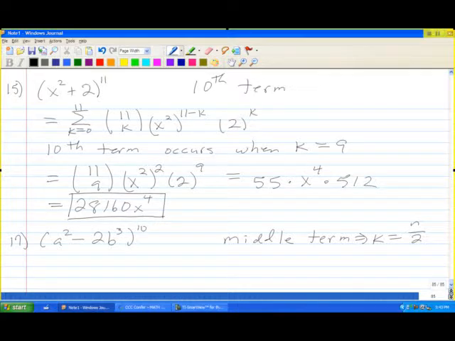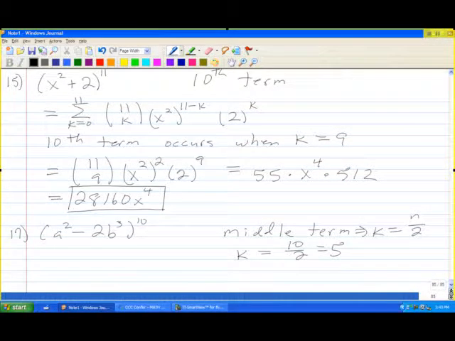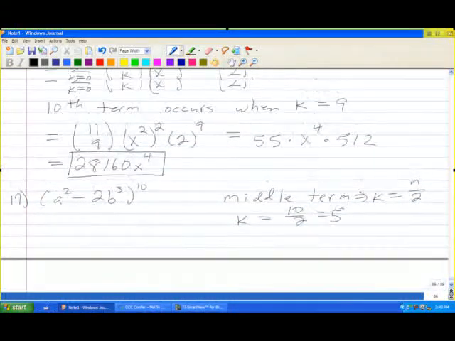So I'm counting when k is 0. And so the middle term, 10 divided by 2 is 5. So that'll be the fifth term. It's really asking for the case where k is 5.